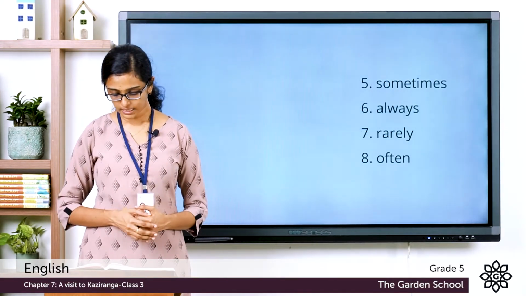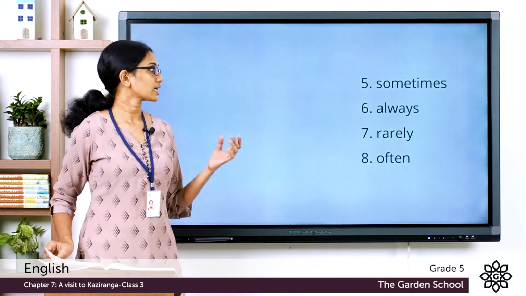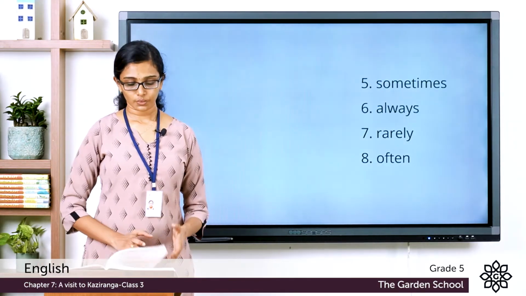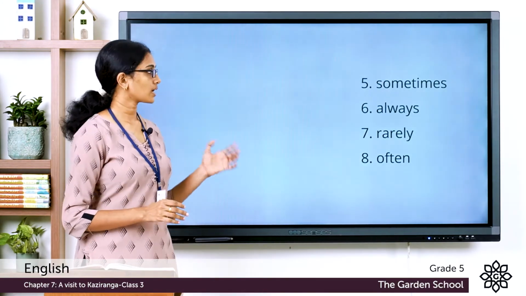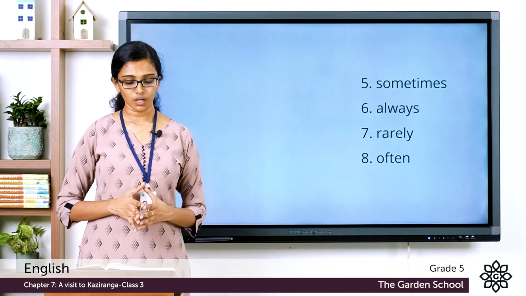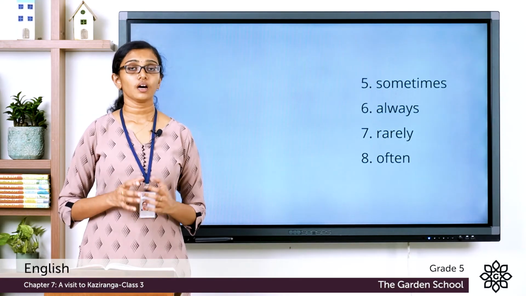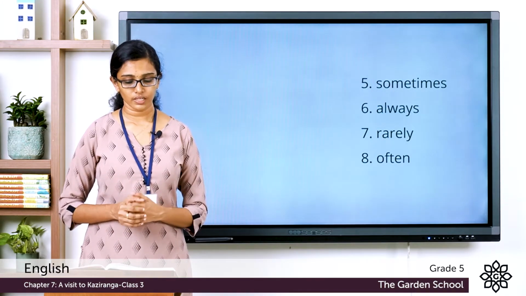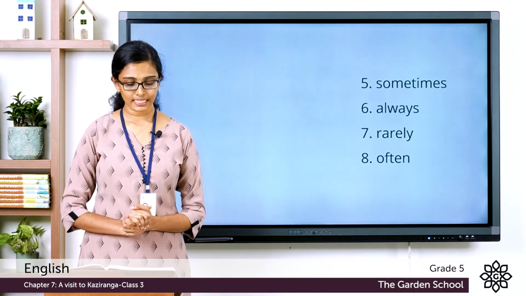And the fifth one is I sometimes eat my breakfast in class. Now the sixth one, my mother always goes to the market alone. 7. We do not like football, so we rarely watch it on television. She often shares her food with the homeless. So I hope you got all the answers correct.